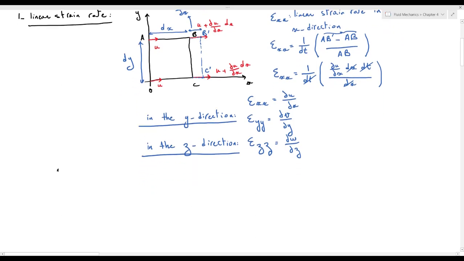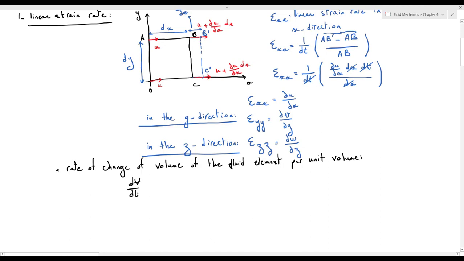So now we will try to calculate the rate of change in volume per unit volume of the fluid element. So let's calculate the rate of change of volume of the fluid element per unit volume of the fluid element. So this will be equal to dV over dt, the rate of change of volume per unit volume, so 1 over V. So 1 over the volume of the fluid element is dx dy dz.